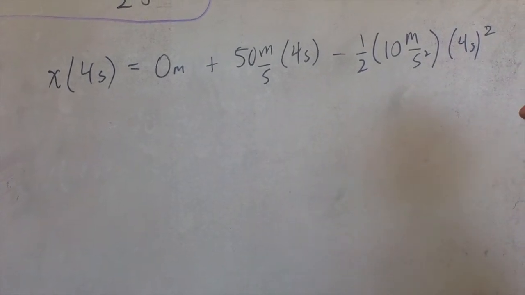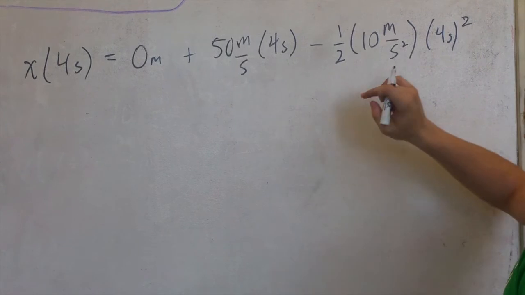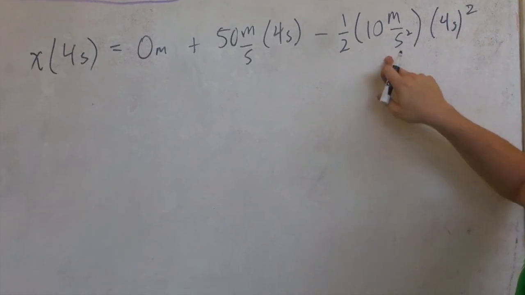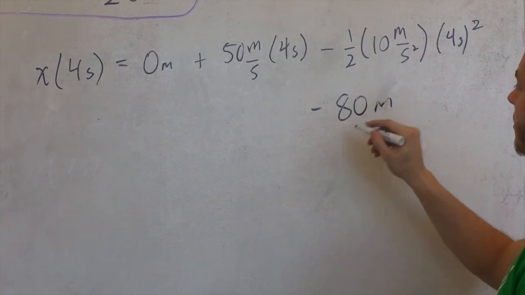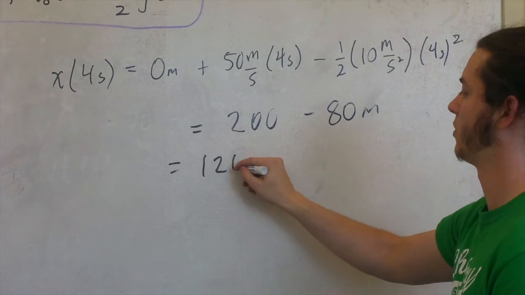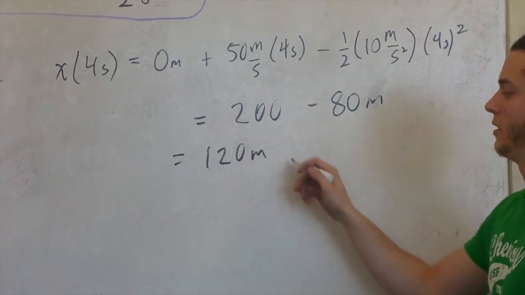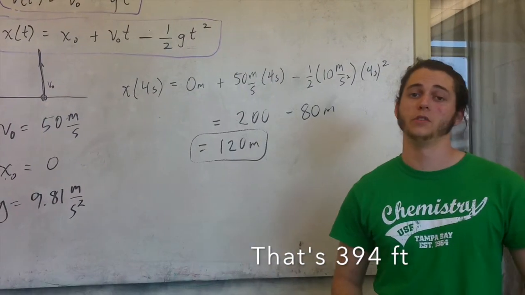So this would be our position after 4 seconds. That's just 200 minus 16 times 10 is 160. 1/2 of that is 80. So this is 200 minus 80. That would be 120 meters. So at 4 seconds, the bowling ball is now 120 meters up in the air.